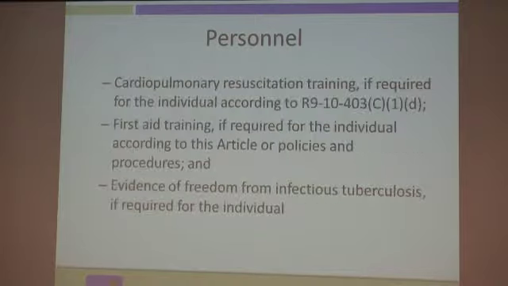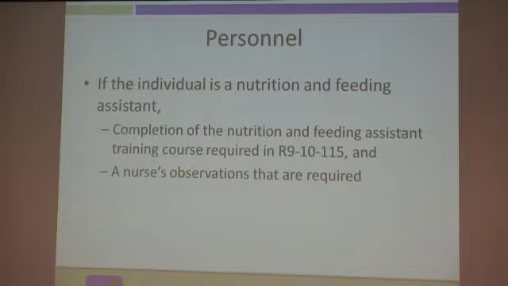If they're required to have CPR, again according to your policies and procedures, documentation. First aid, again, they would have to have that documentation, and evidence of freedom from TB, if they're required to. If the individual is a nutrition and feeding assistant, documentation of completion of that training program and the nurse's observation that are required.